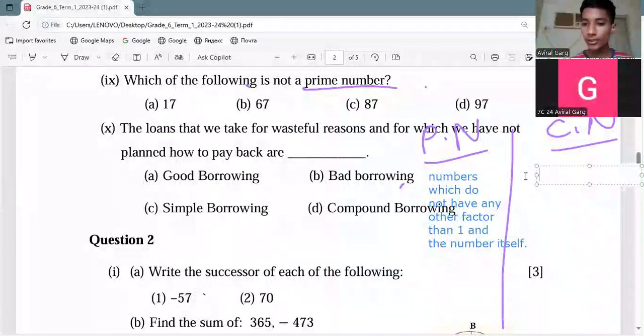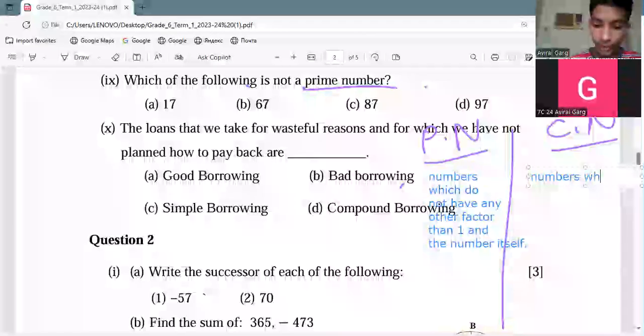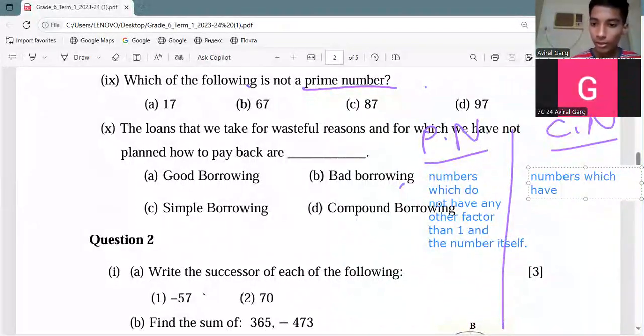And composite numbers are the numbers which have more than two factors.